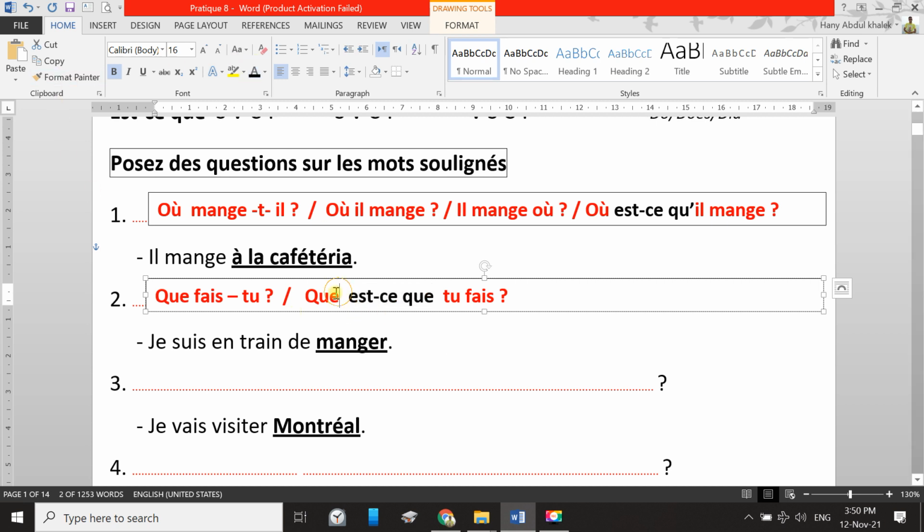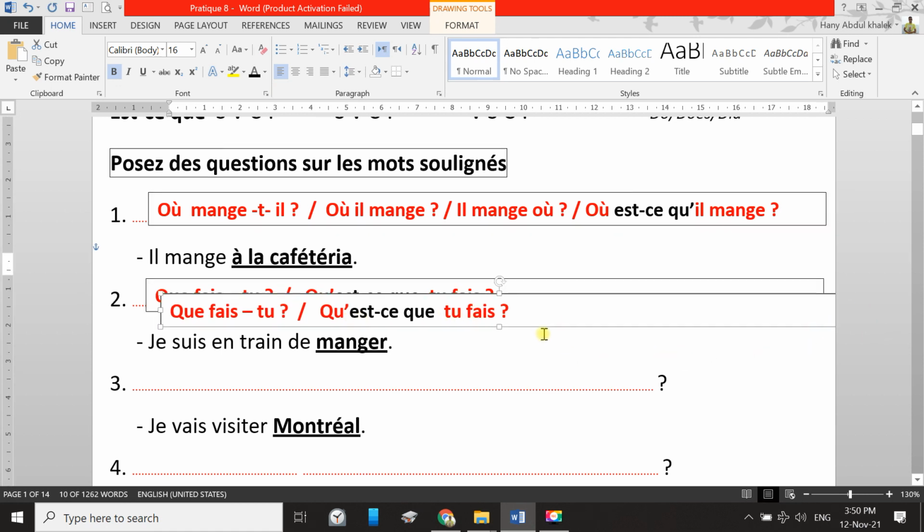Here, because we have two vowels, we will cancel the first one and replace it with an apostrophe to be qu'est-ce que. Now we can understand where we have qu'est-ce que from. And here pay attention, où is an original letter in the question word, we can't cancel it. Où est-ce, we say it où est-ce, but with que we cancel the e. Qu'est-ce que tu fais? Qu'est-ce que tu fais? What do you do? Okay, next.